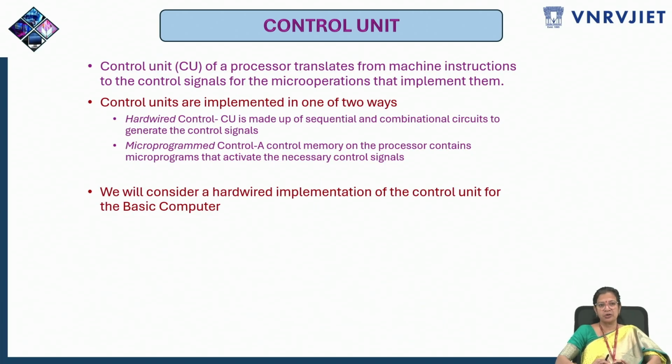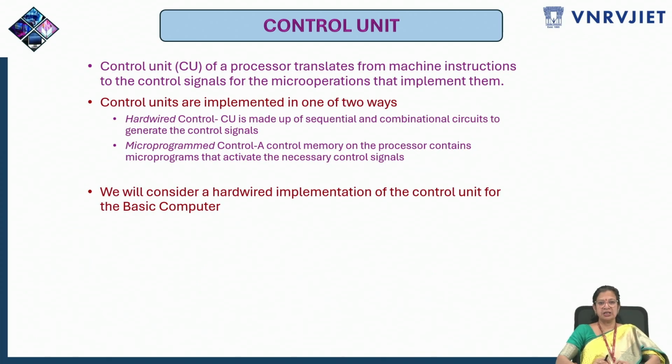Whereas in a microprogrammed control unit, a control memory is used which has all the micro programs that activate the required control signals. So the control signals are generated by executing a micro program in the control memory. It is exclusive for the control unit, that microprogrammed control unit.